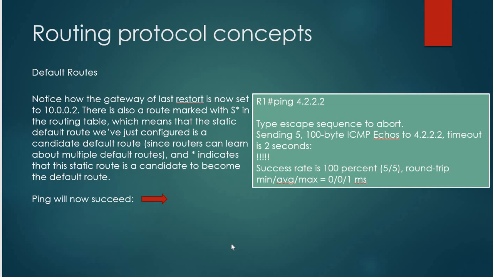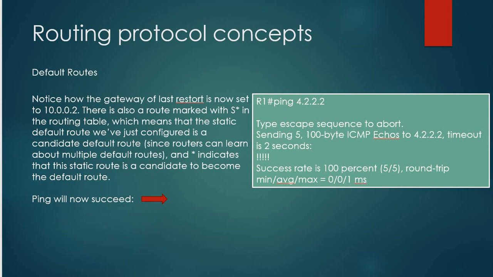Since routers can learn about multiple default routes, S* indicates that this static route is a candidate to become a default route.